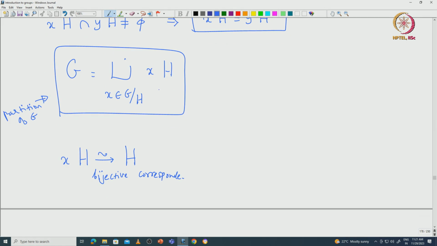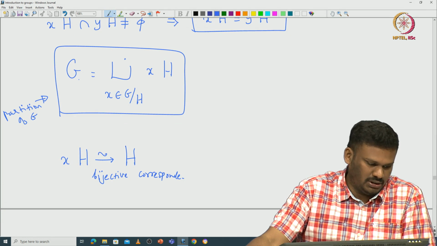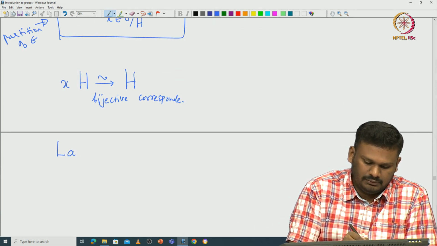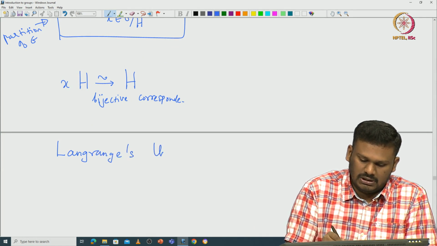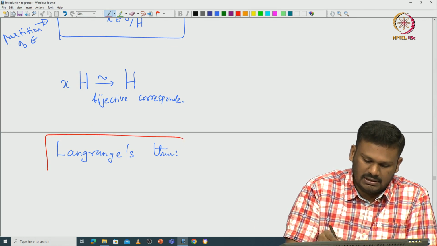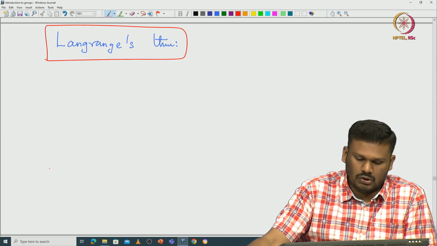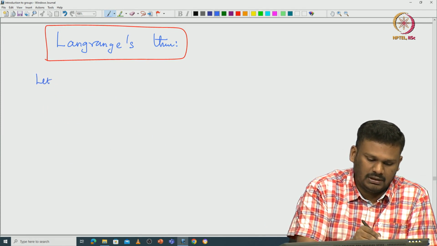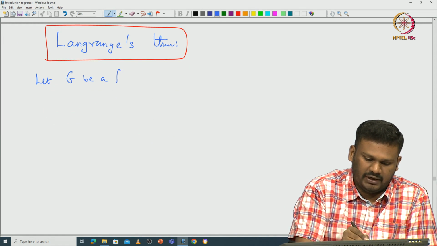From that you can immediately conclude that the number of elements in H must divide the number of elements in G. That is called Lagrange's theorem. Let me state the theorem. So, what does Lagrange's theorem tell us? You assume G is a finite group. So, let G be a finite group.